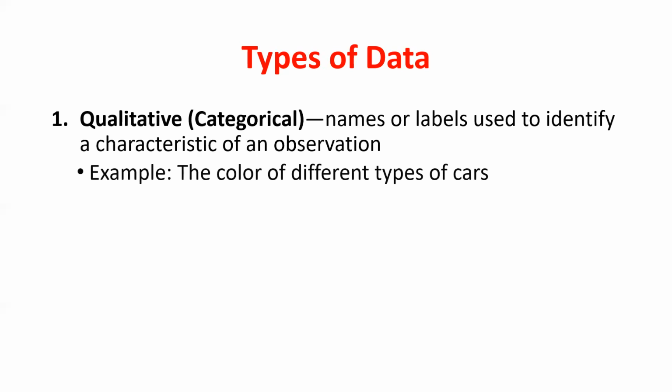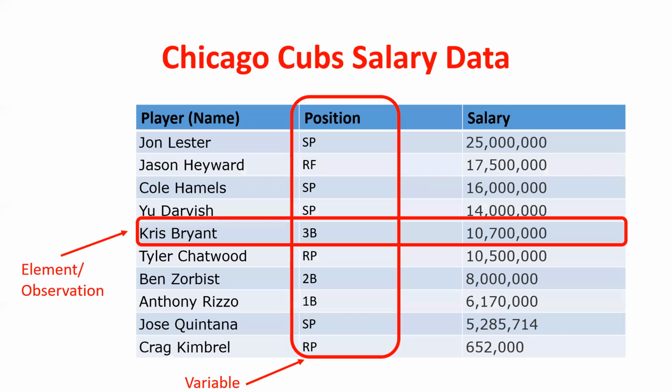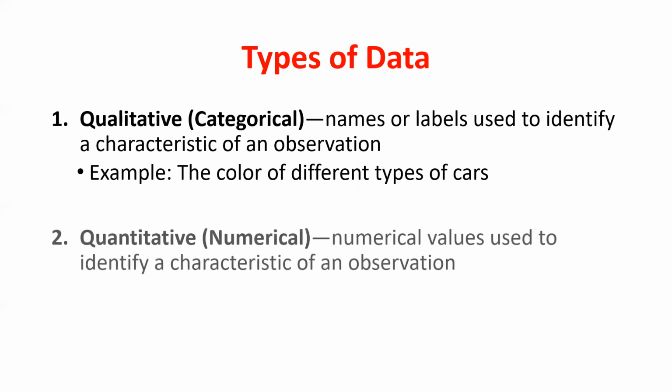So this could be, if I had a used car data set, the color of the cars, right? If I had survey data, hair color of an individual. If I go back to this data set, player name and position. Those are non-numerical values, right? So those are my qualitative variables.